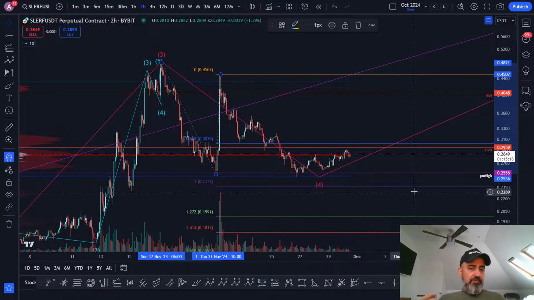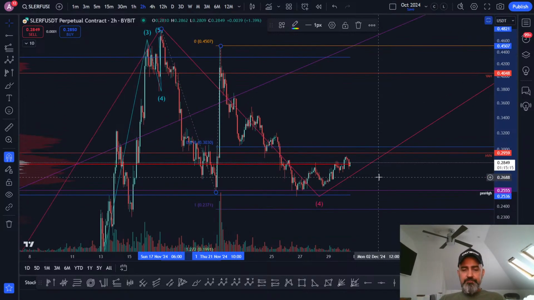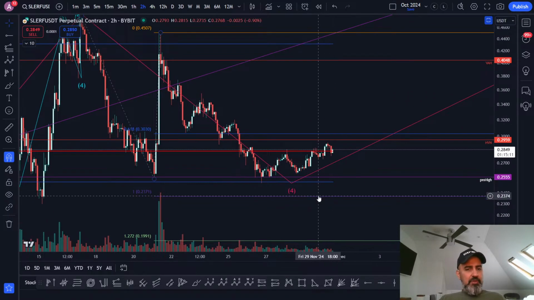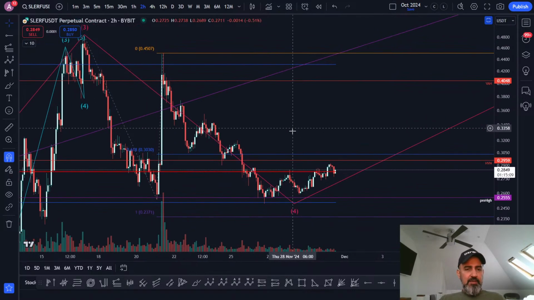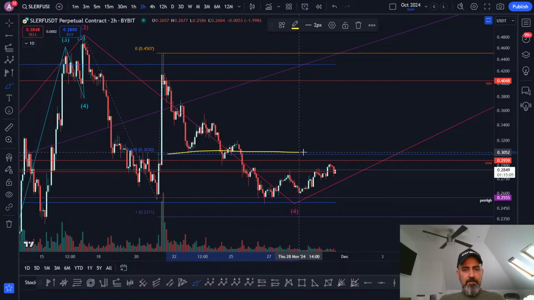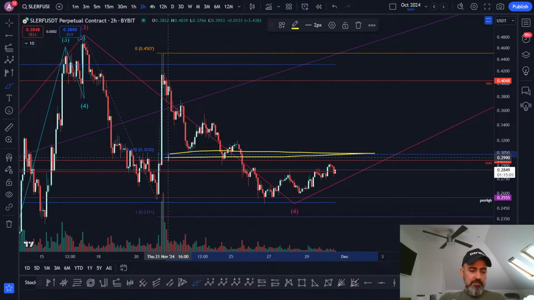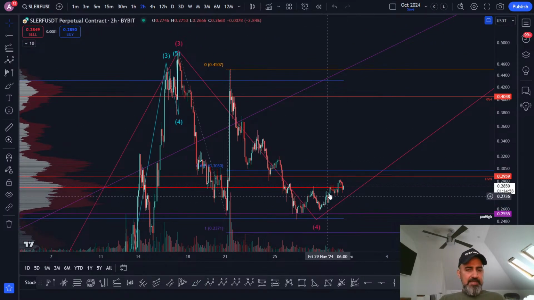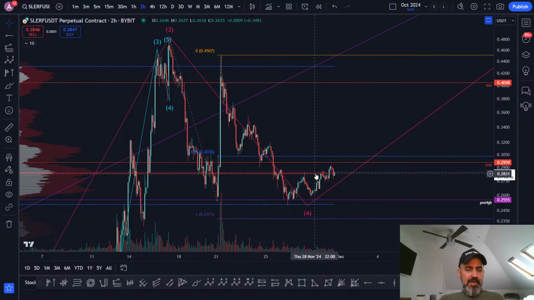So really, this is what I'm thinking, right? You've got an extended target of 1-to-1 here, which is still my target. It's my target because we've lost the 618 here. This blue line, right? The price now is consolidating in an upwards manner. So it's looking quite bullish.